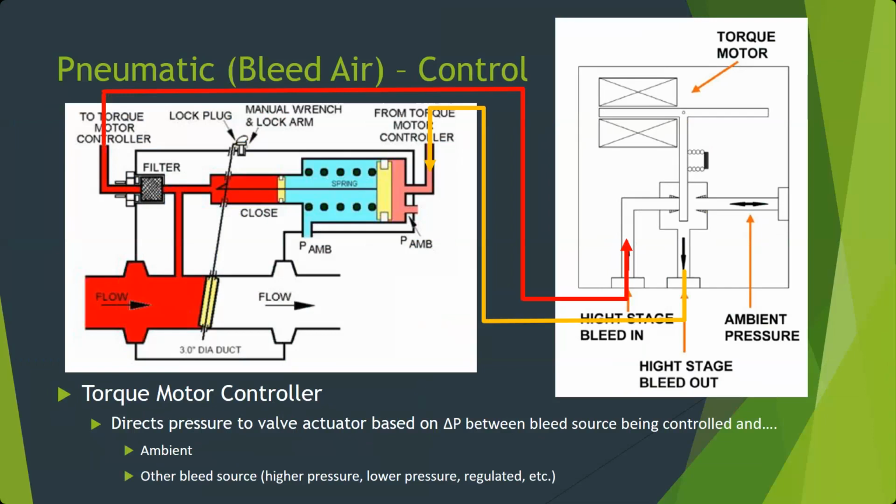In some cases, they'll look at what the downstream pressure is if it's trying to regulate downstream pressure. By moving back and forth, we can adjust how much air is flowing to that output side. And these can move extremely fast. They can do very, very fine adjustment of valve positioning.